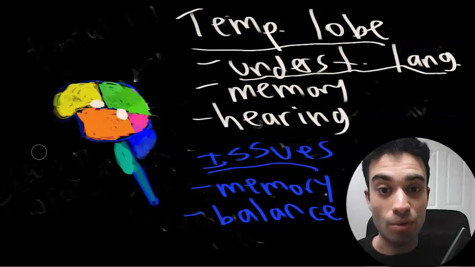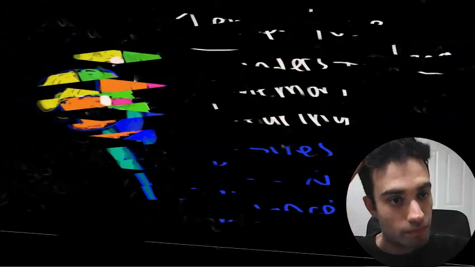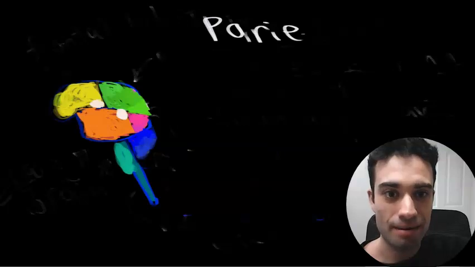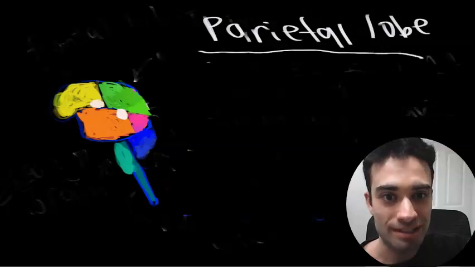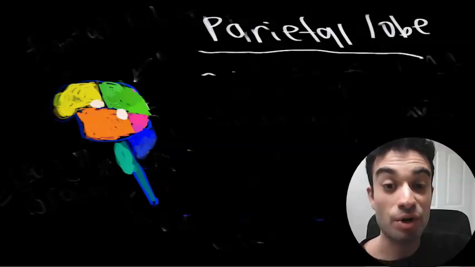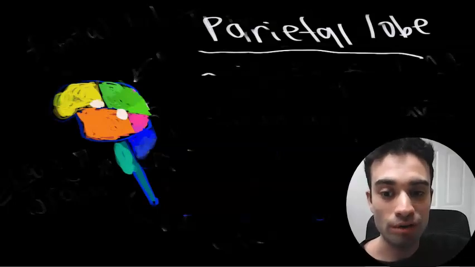The next lobe that we'll talk about is the parietal lobe. The parietal lobe in this diagram is the structure shown in green. And the parietal lobe houses the somatosensory cortex. So this is the area that all of the sensations go to.